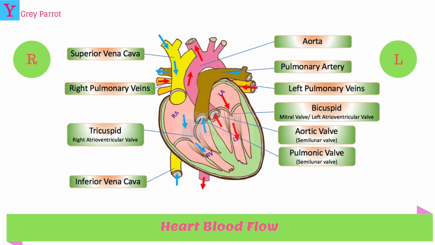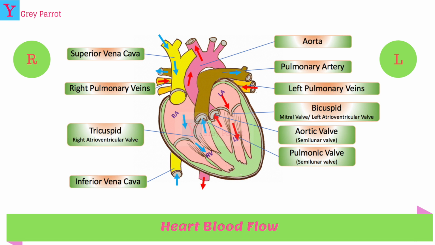Now let's look at the heart blood flow. I've highlighted the oxygenated blood in red and the deoxygenated blood in blue. You see that yellow tube? Guess what it is? Yes, you're right. It's called the vena cava. Our top part is called the superior vena cava, and at the bottom you can see the inferior vena cava.